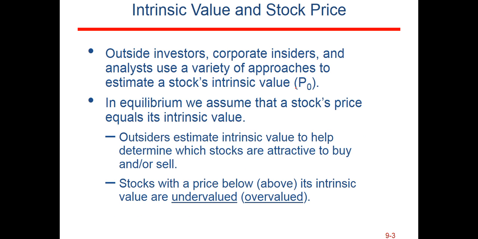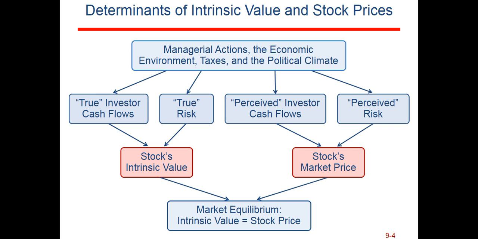Now, what we are after basically is we are trying to calculate the intrinsic value or the true value of the stock. That is pretty much the holy grail. That's what everybody is after. If someone can find if the stock is undervalued or overvalued, then that person will determine whether to buy or sell a specific stock. Again, the key is to find the intrinsic value because market prices are given.